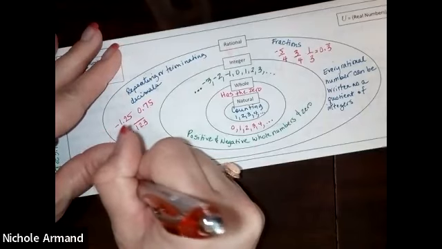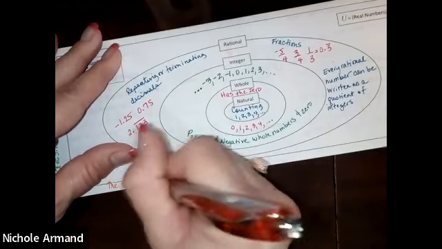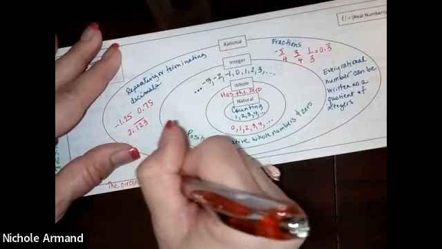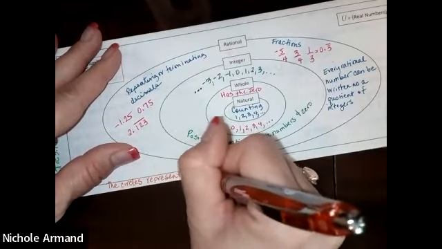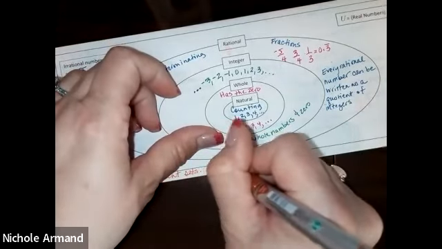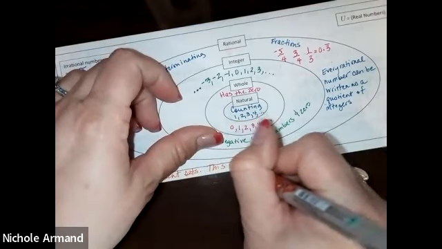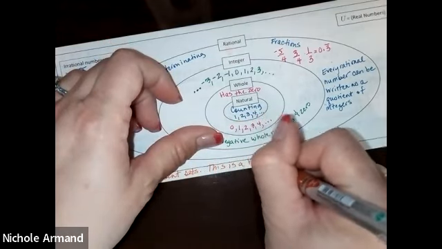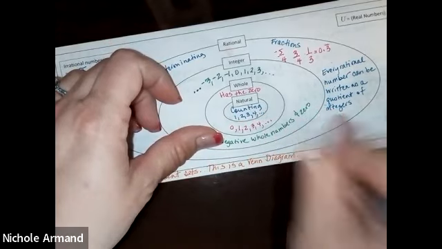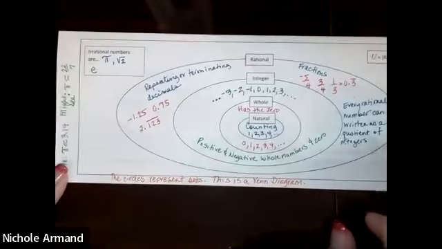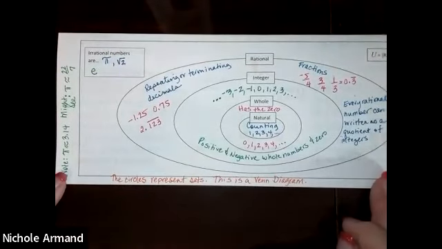So the circles represent sets. And this is a Venn diagram. Okay, so there we have our sets of numbers.